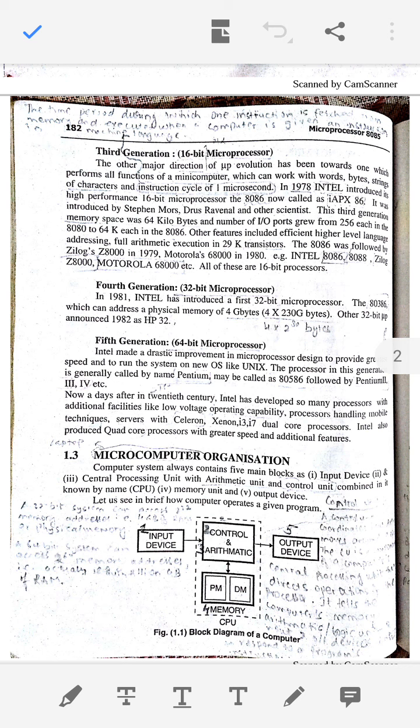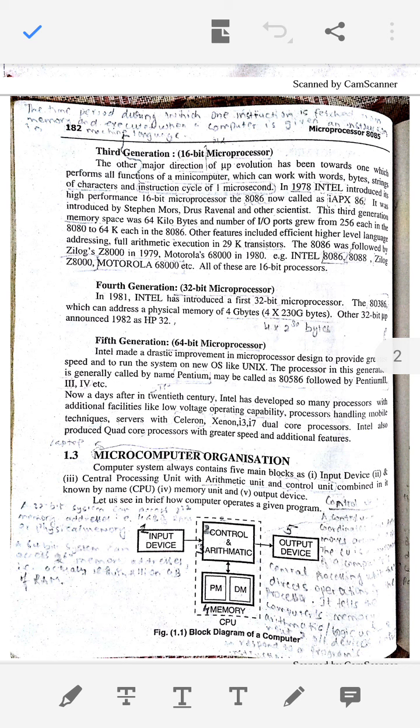But do you know the difference between minicomputer and microcomputer? Minicomputers were old, those computers which were big in size, and microcomputers are smaller in size.